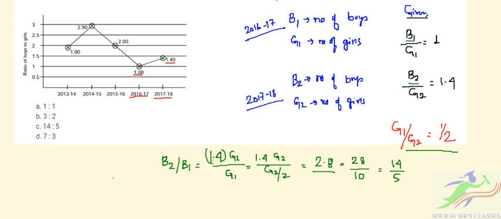So the ratio B2 is to B1 is 14 is to 5. So the correct option is C.